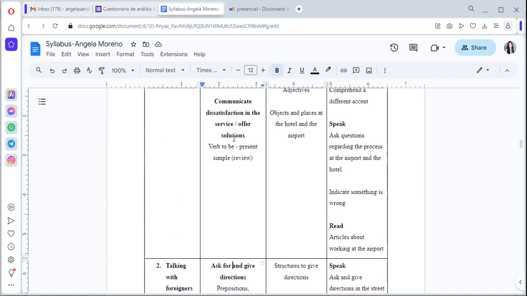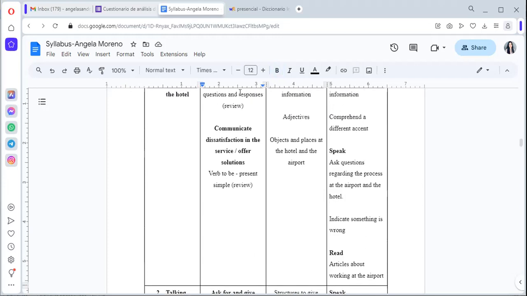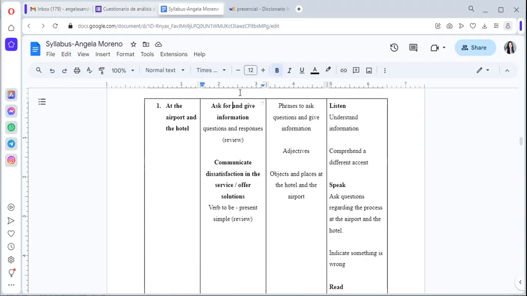Then we have communicate dissatisfaction in the service and offer solutions. And the student will use the verb to be, present simple. Okay, and in the vocabulary, he's going to learn phrases to ask questions and give information, adjectives and objects and places at the hotel and the airport.